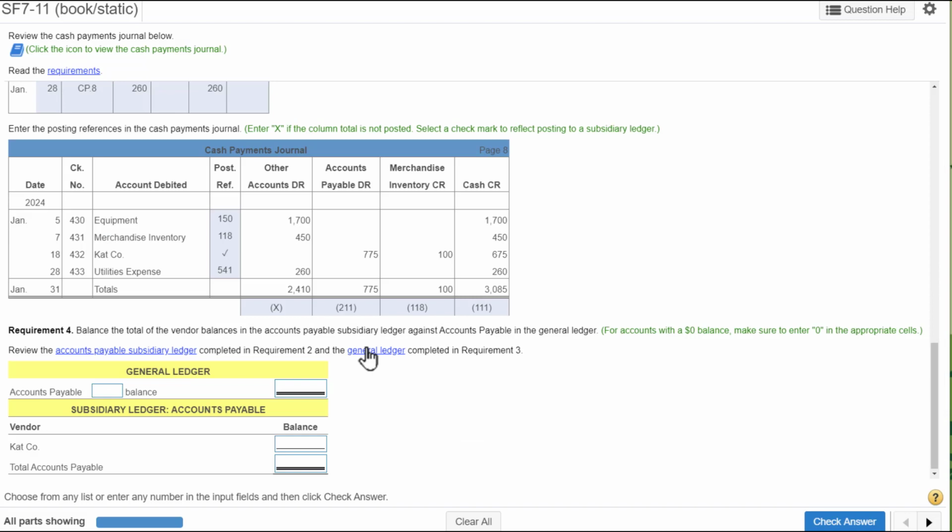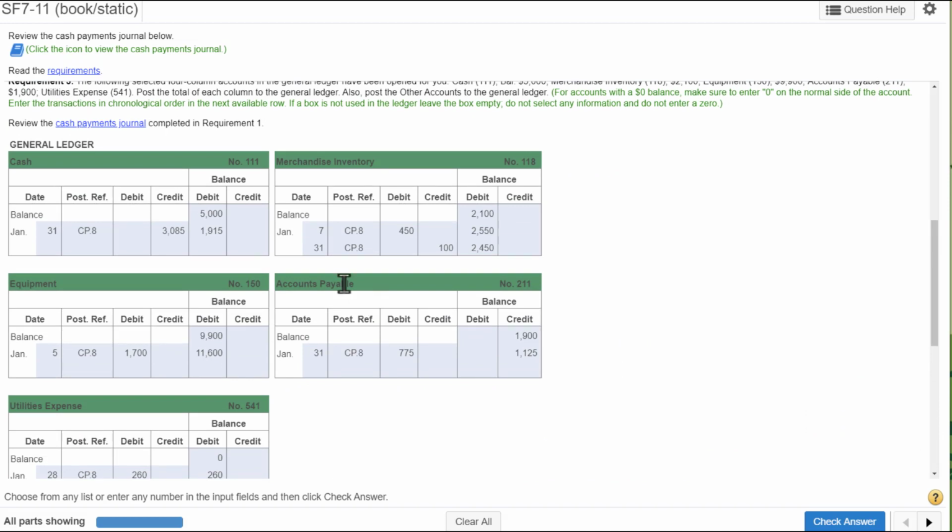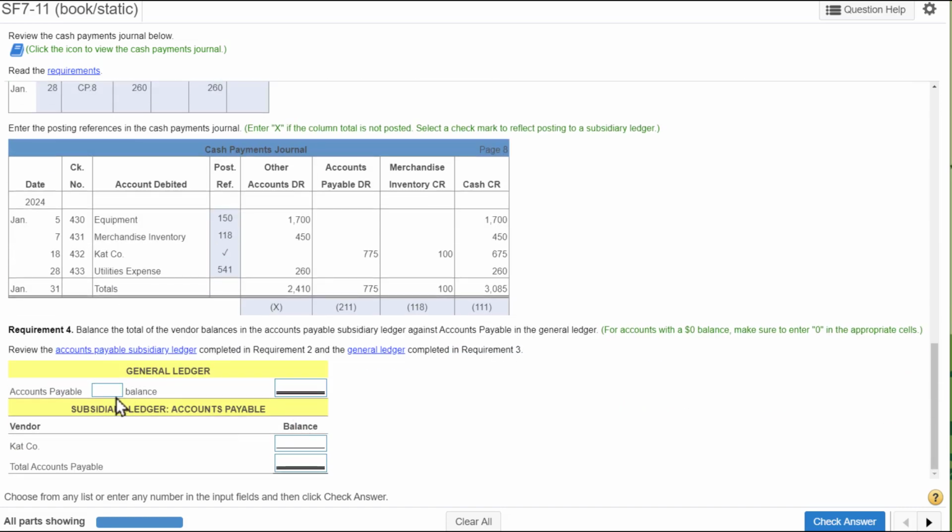And then finally, we have to prove that that accounts payable in our ledger. See, this is the ledger. So let's go see what our ledger says for AP. Here's AP. The amount is 1125 credit, and it has to be a credit.